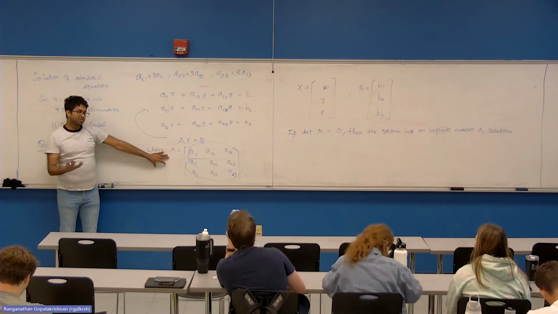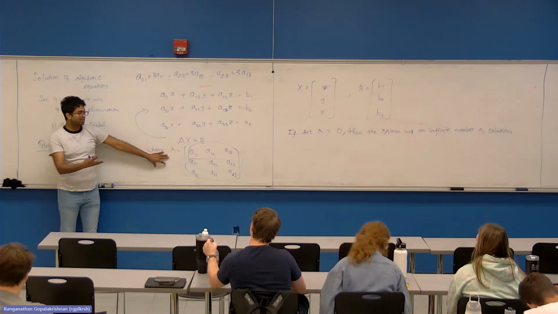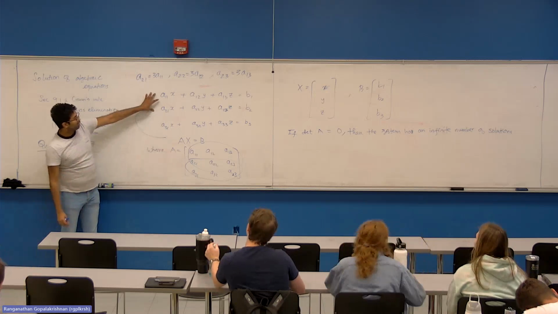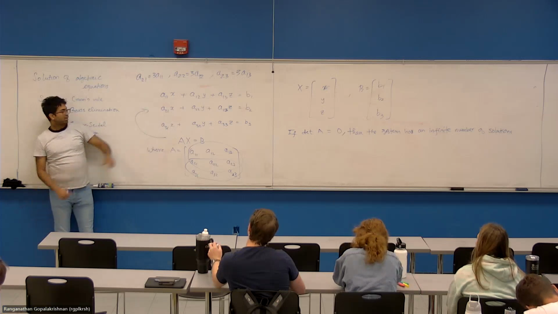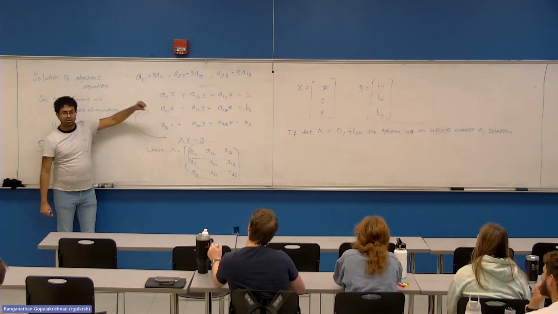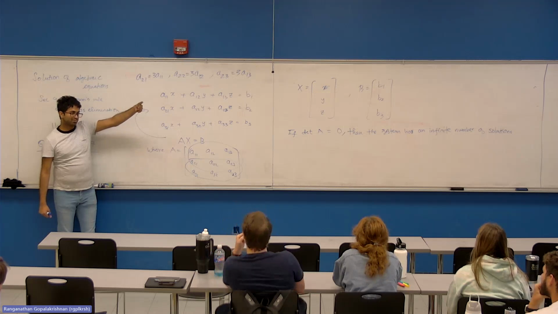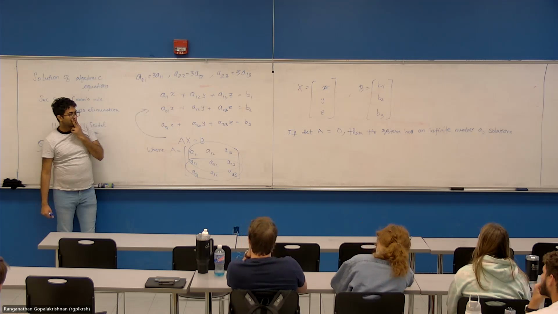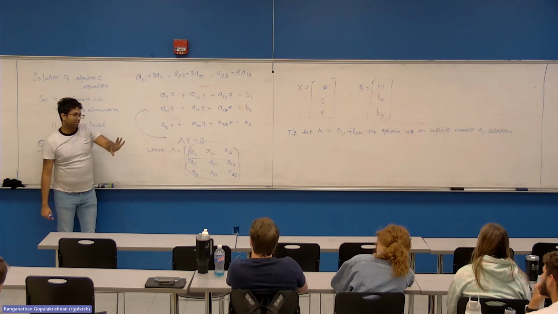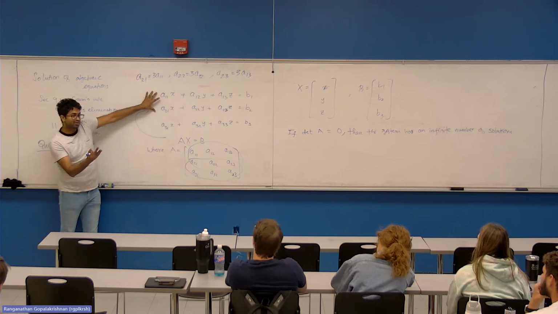But in terms of the physics or in terms of your equations that represent the actual physical situation, what does it mean to have two equations which are really the same? You have three variables. You have three equations, but it turns out two are duplicates of each other. What does that mean? What that means essentially is although you have three equations, you don't have enough information about three variables.